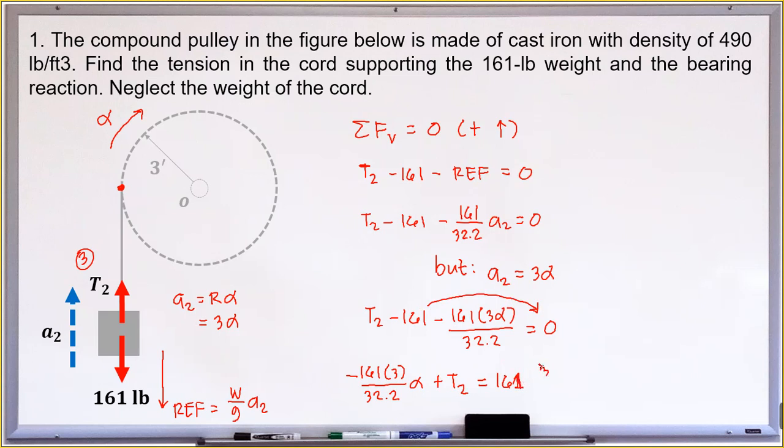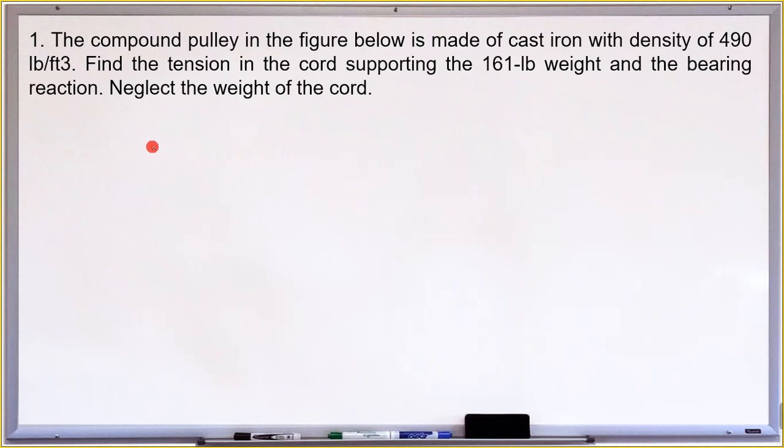So this is our third equation. So sa atong tulo ka mga equations, naa tay tulo ka unknowns, that is alpha, T1, and T2. So we can solve it simultaneously. In the next slide, solve the three equations simultaneously.